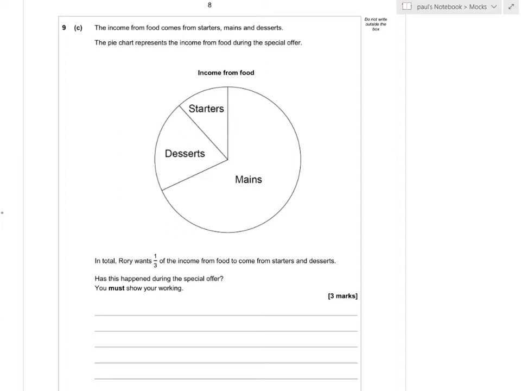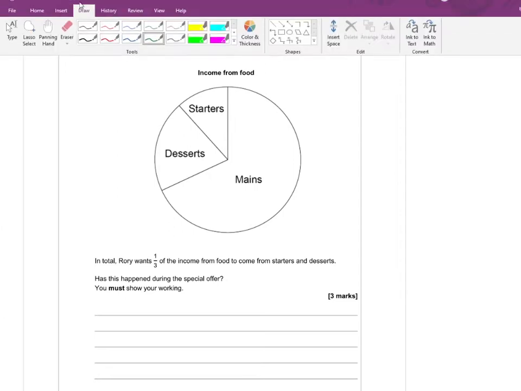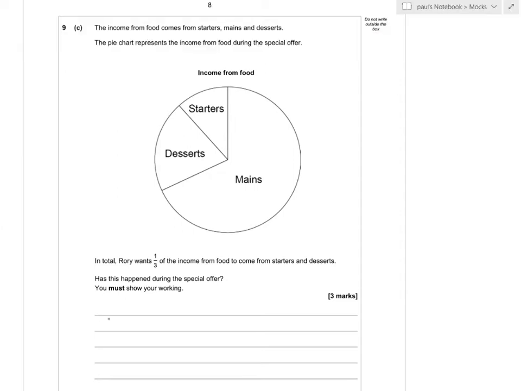So 360 degrees, 1/3 of that equals 120 degrees. And so what you'd need to do then is measure that with a protractor to see if it's 120 degrees.